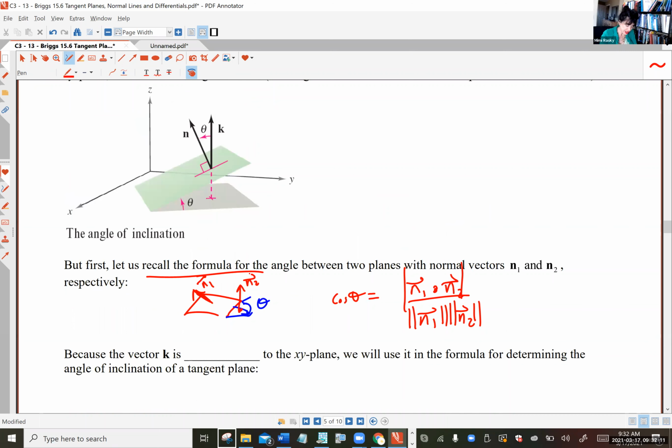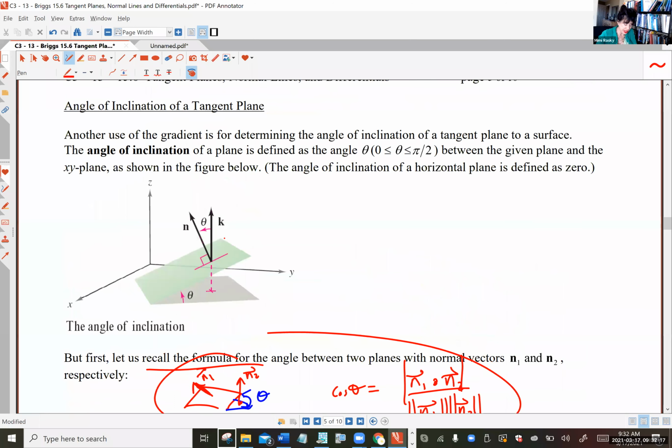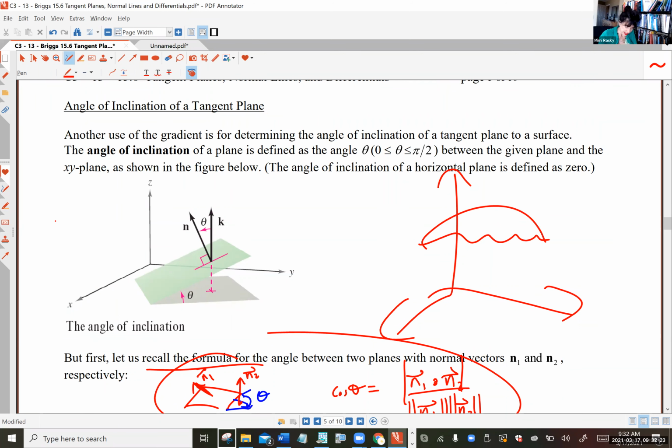So how do we use this formula from a month ago to get the angle of inclination of a tangent plane? And what do they even mean, angle of inclination of a tangent plane? Once again, here's your surface, here's your point P, and you get a tangent plane to that point.